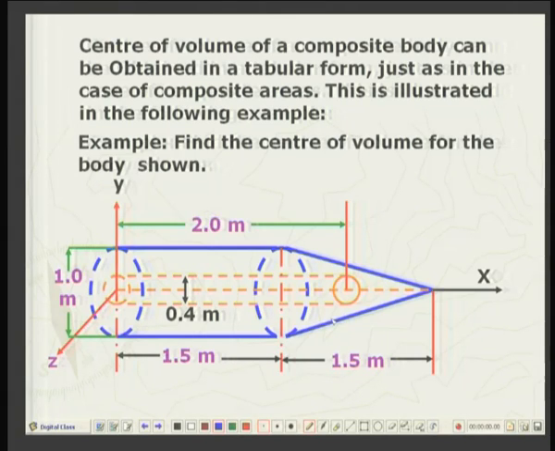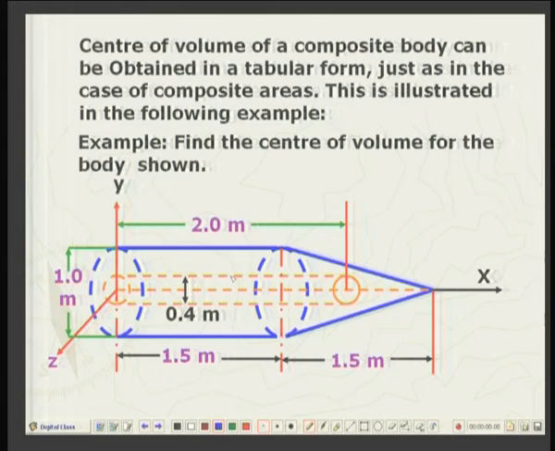The simple volumes are a cylinder plus a cone minus a cylinder, and various dimensions are given. The length of the cylinder is 1.5 meters, diameter is 1 meter. Again the height of the cone is 1.5 meters and the base circle diameter is 1.0 meter, and for the cavity the diameter is 0.4 meters and the length of the cavity is 2 meters.